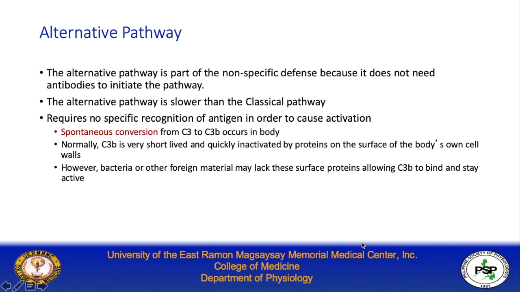But what happens here is that there is spontaneous conversion of C3 into C3a and C3b. Now take note that normally, or in the absence of a microbial cell, C3b is very short-lived, and this is quickly inactivated by other proteins on our own cell membrane. Take note, this is cell membrane, not cell wall.